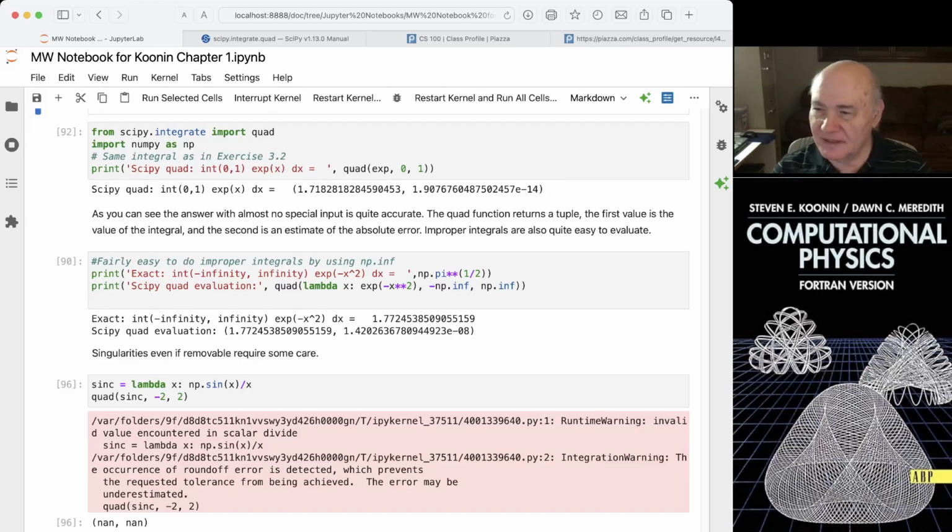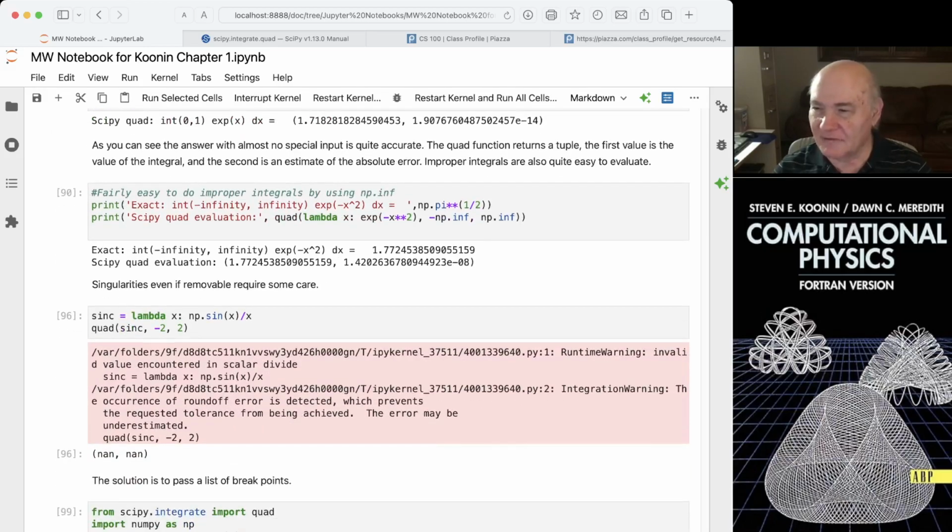Now singularities, again, they require some care, even if they're, I wrote removable here. So here let's say you're integrating sine x over x. As x goes to 0, sine x over x becomes 1. But Python doesn't know that. And so if you wanted to integrate this sinc function from minus 2 to 2, just using quad, all of a sudden you're going to get an error.